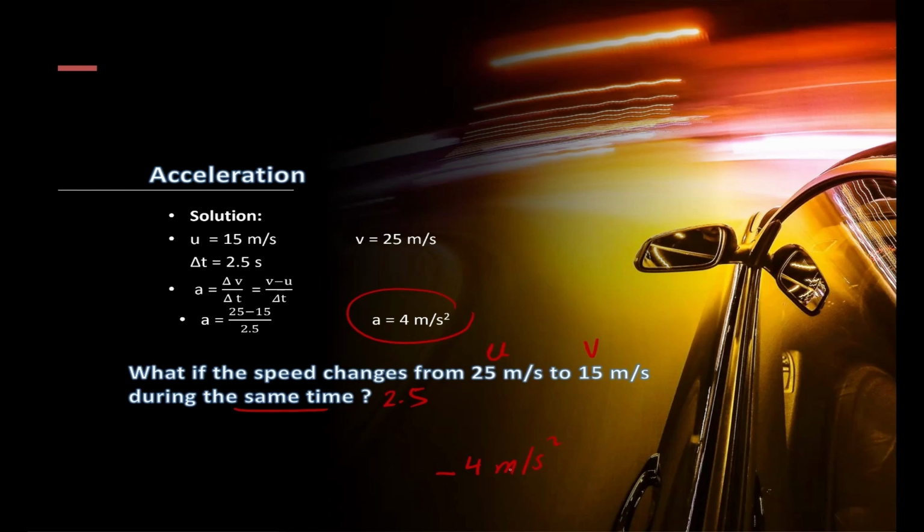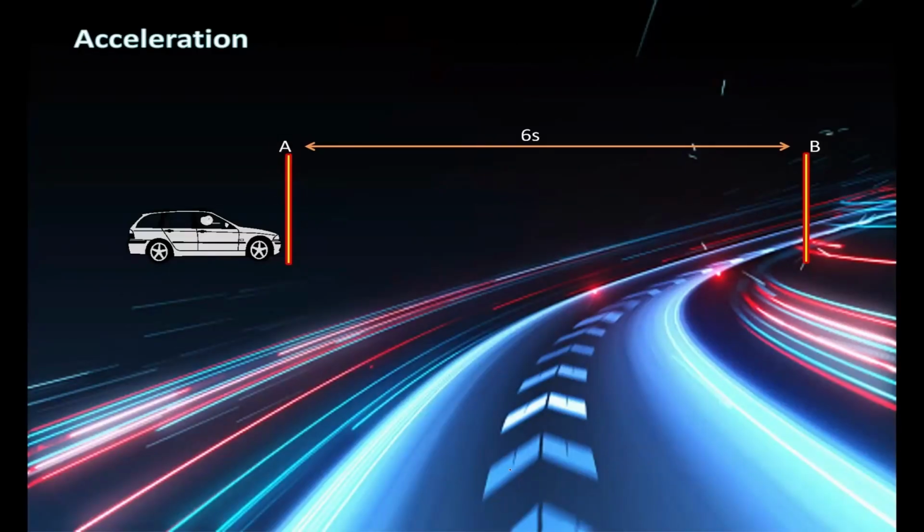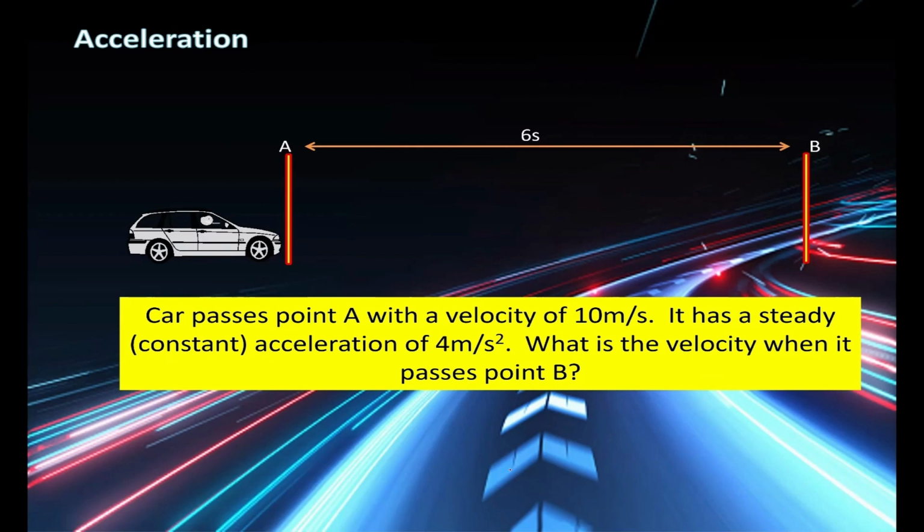Very good. Let's answer this question. A car passes point A with a velocity of 10 meters per second. It has a steady or constant acceleration of 4 meters per second squared. What is the velocity when it passes point B? So it is moving from A, so this is the initial velocity, to B, so this is the final velocity. We need the final velocity. The initial velocity at A is 10 meters per second.